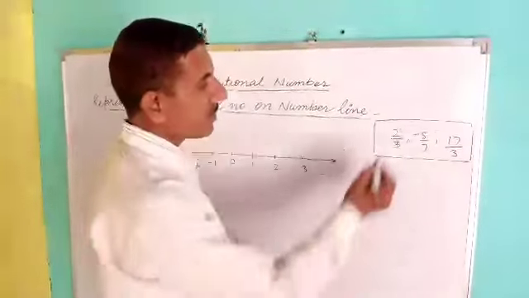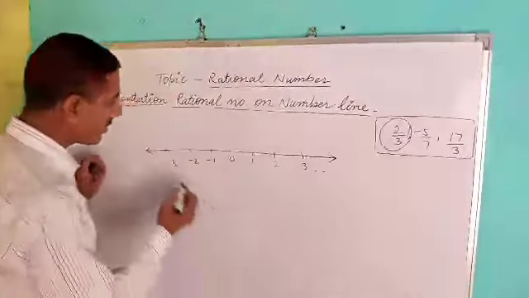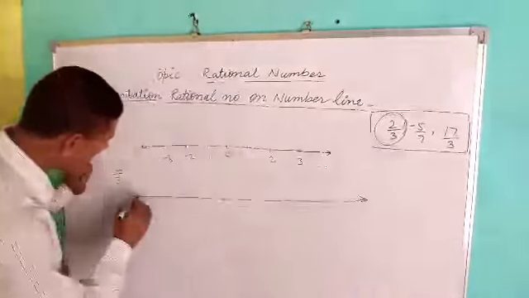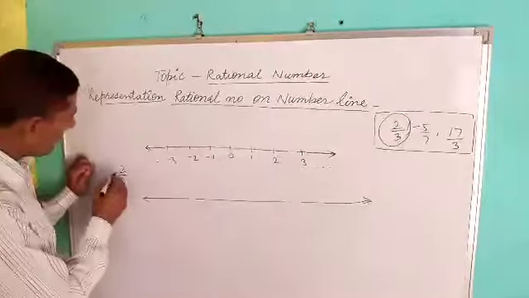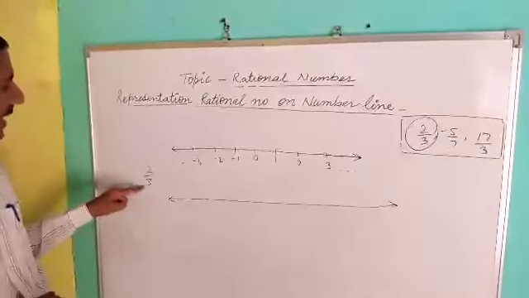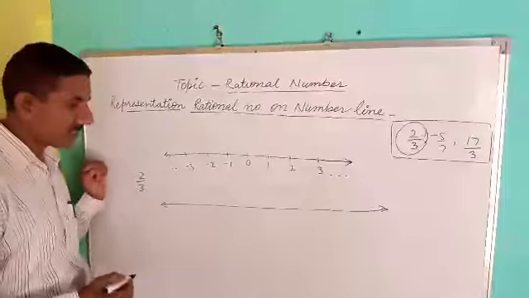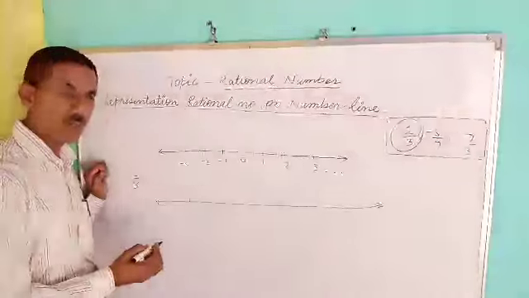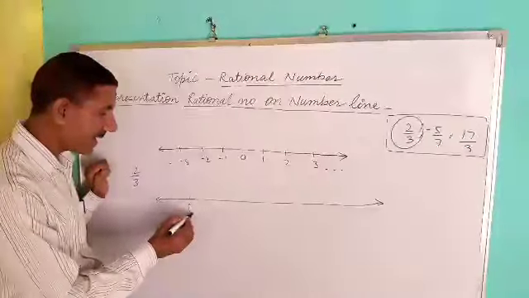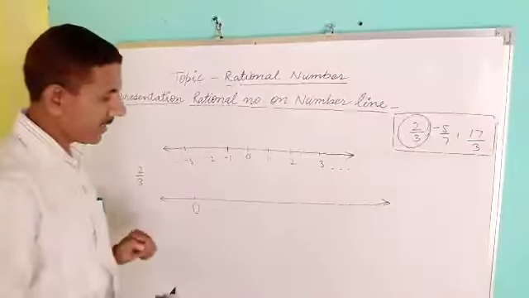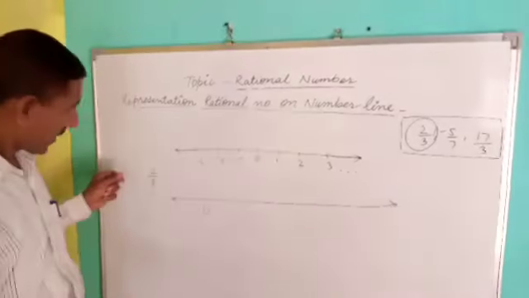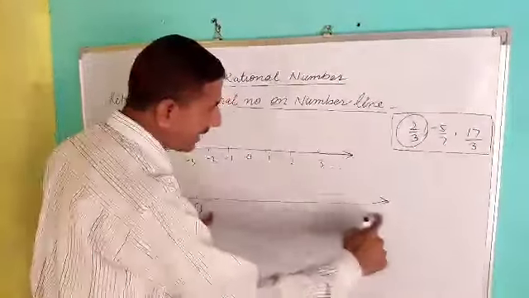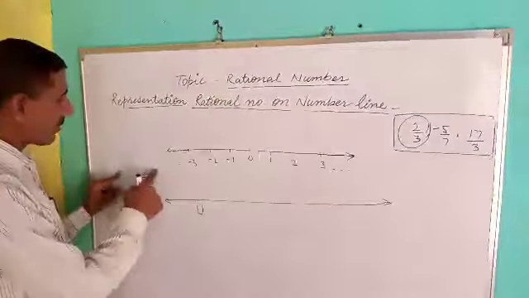Now we want to put 2 upon 3 on the number line. This number 2 by 3 is a proper number and a positive number also, so for representing this rational number on the line, take 0 on the left and 1, and divide this number line into 3 equal parts.